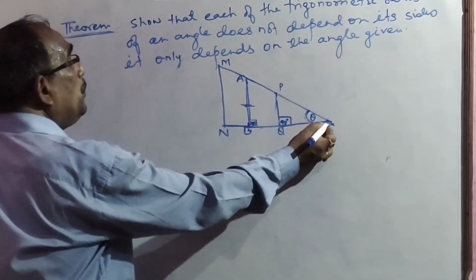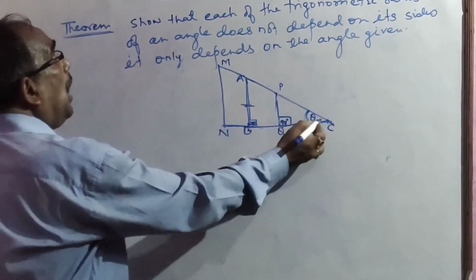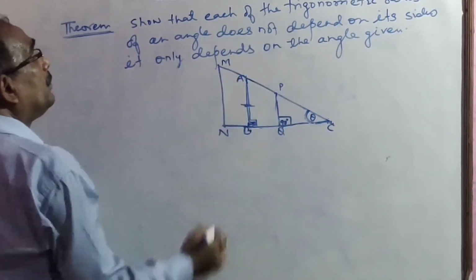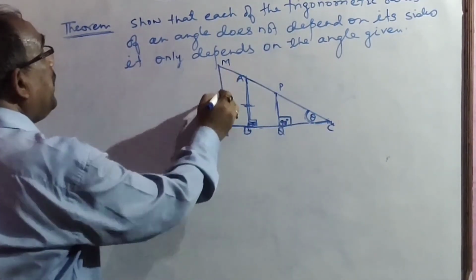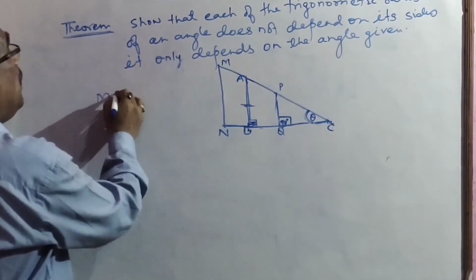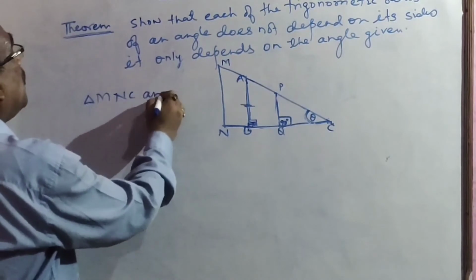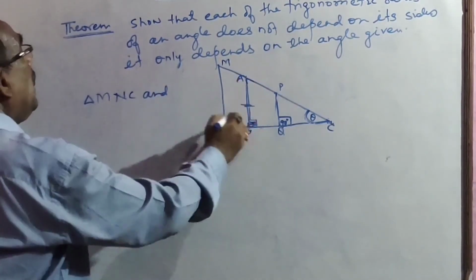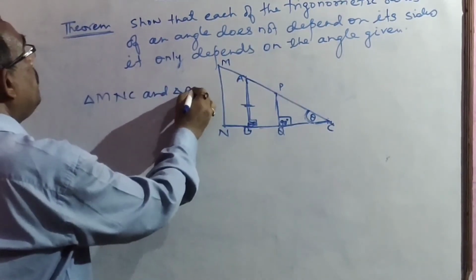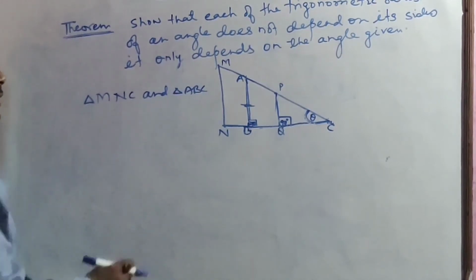Now we produce CB to N and CA to M. Now we have a bigger triangle MNC and the original triangle ABC. Let us have a look.